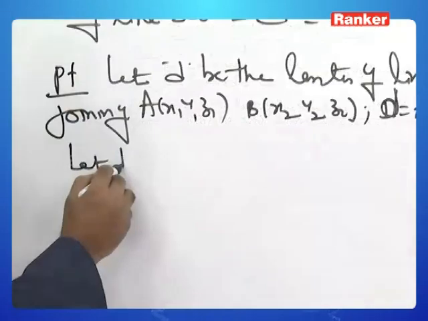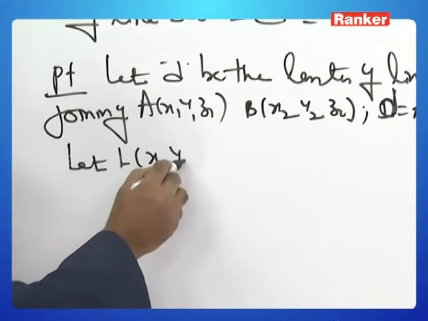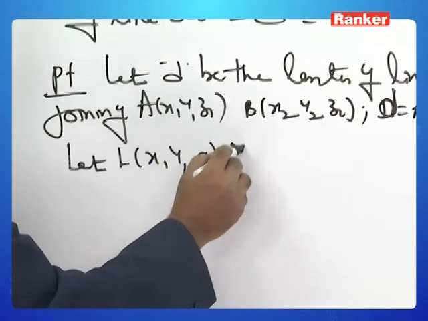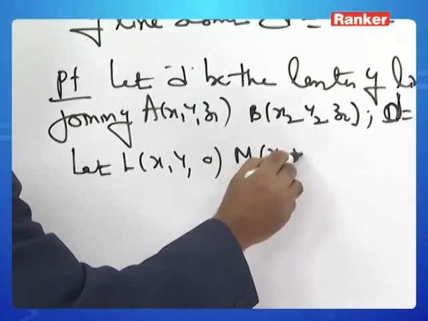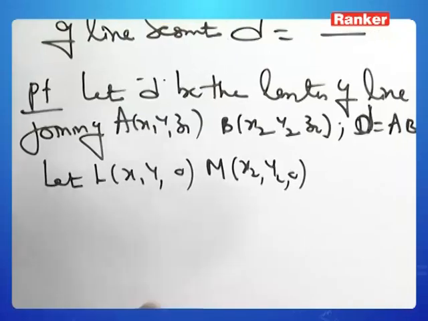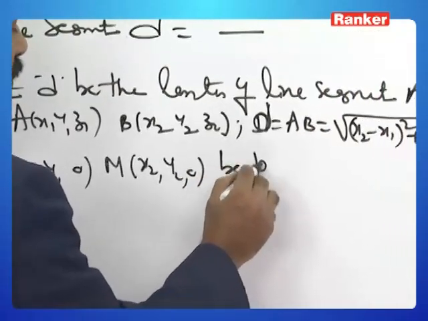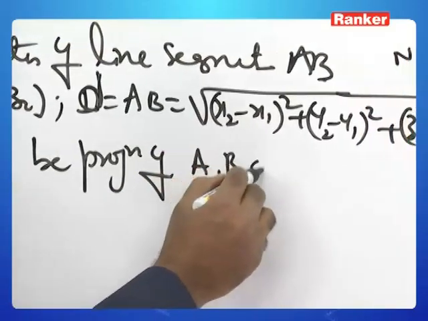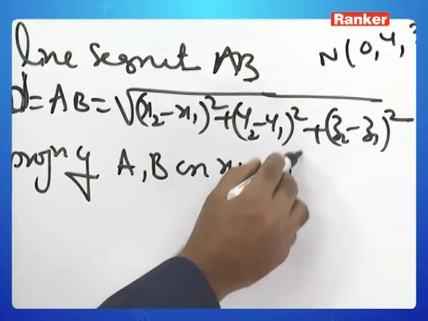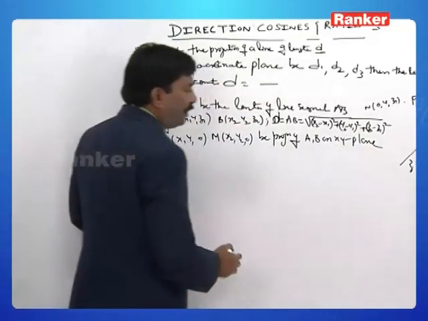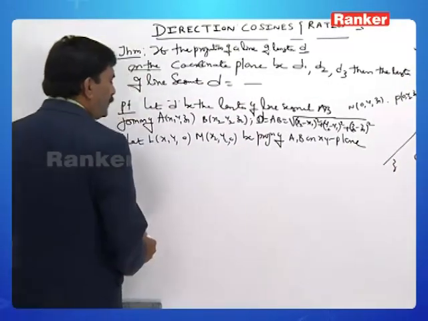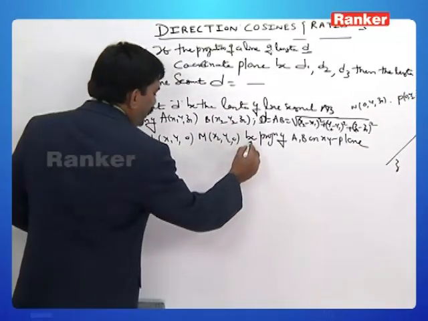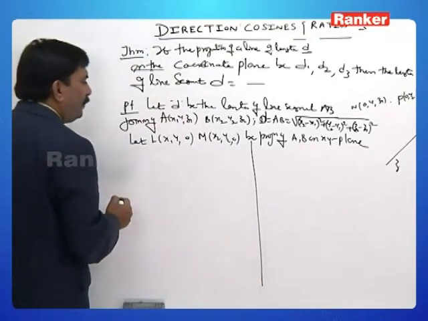Let L of x1, y1, 0 and M of x2, y2, 0 be the projections of A, B on the xy plane.